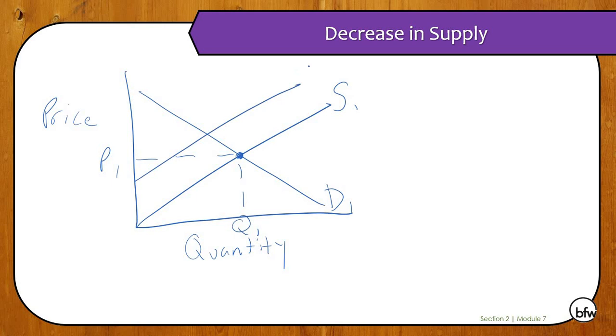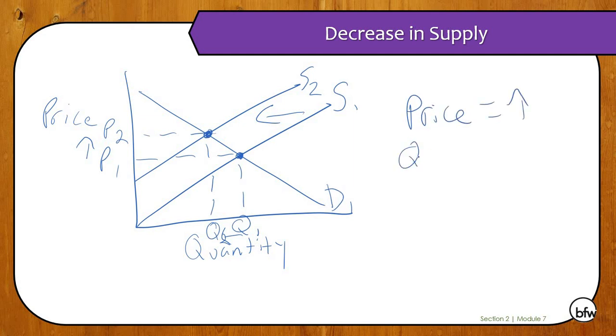Now when supply decreases, which looks like that on the graph, price is going to go up while quantity is actually going to go down. Quantity makes sense because there's less supply of something. The price going up, think about it, it's more rare. There's not as much of it available to purchase, so that's what's going to cause that increase in price.